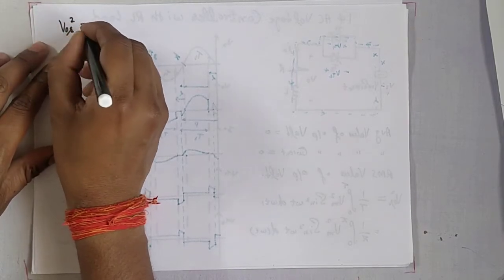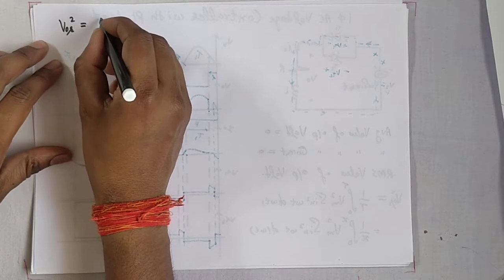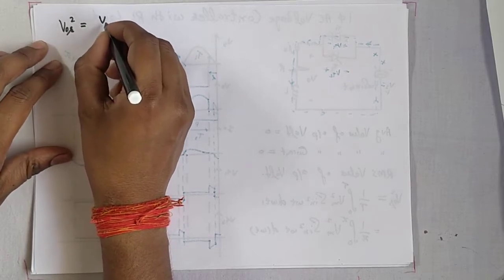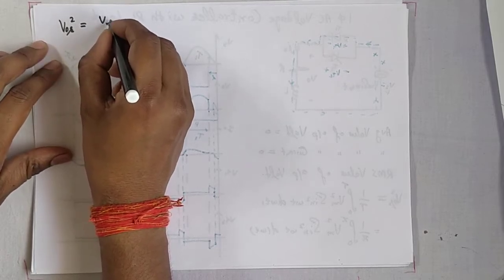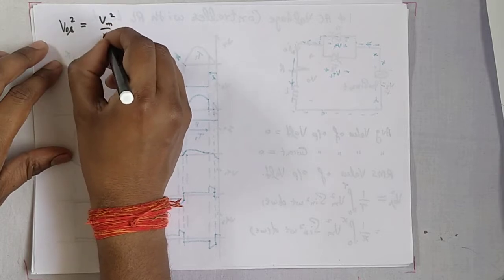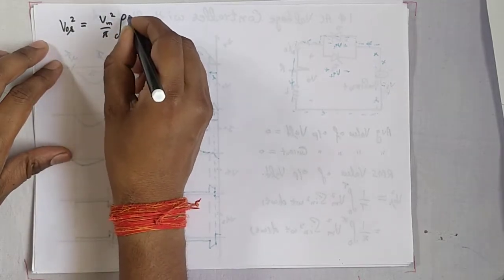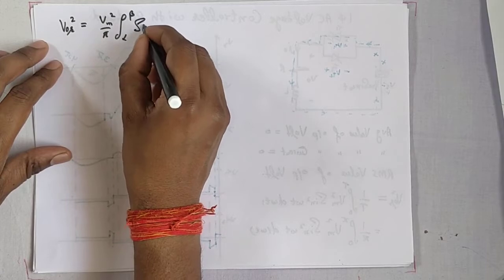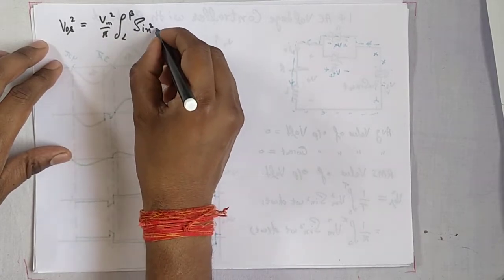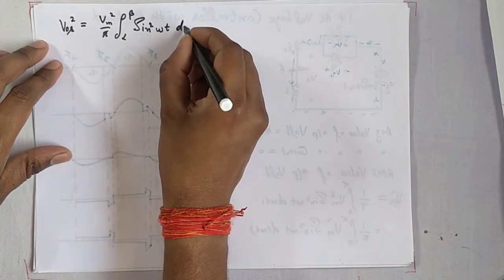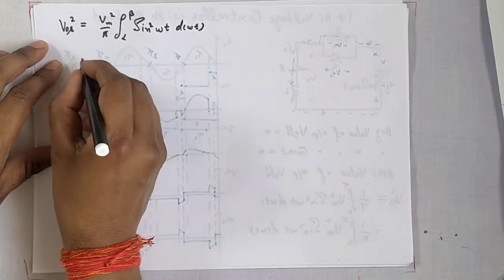V0R square equals Vm square by pi, integral from alpha to beta of sin square omega t d of omega t.